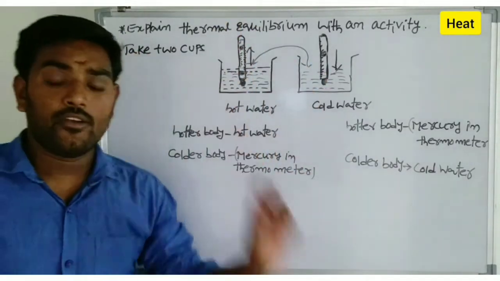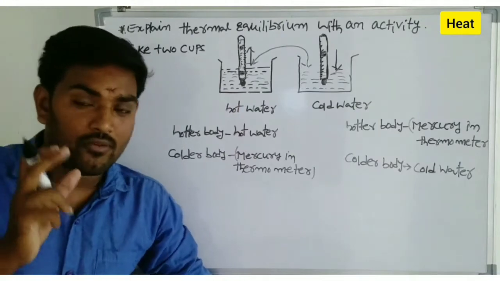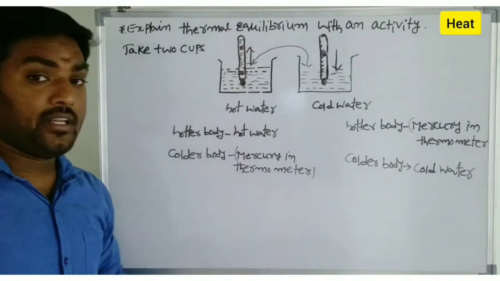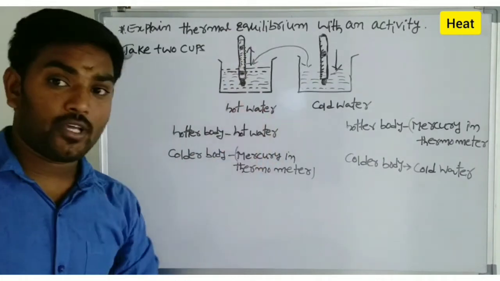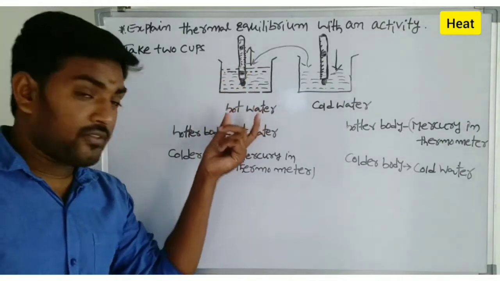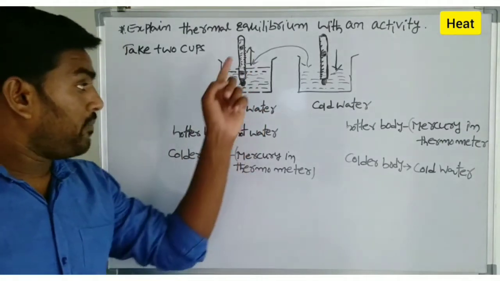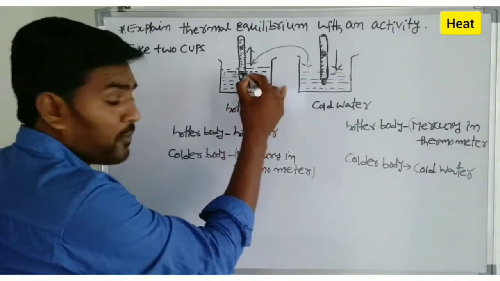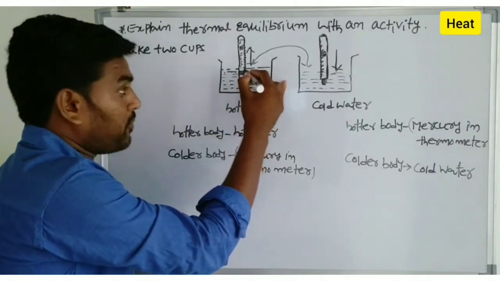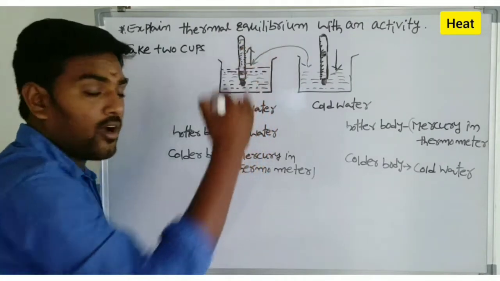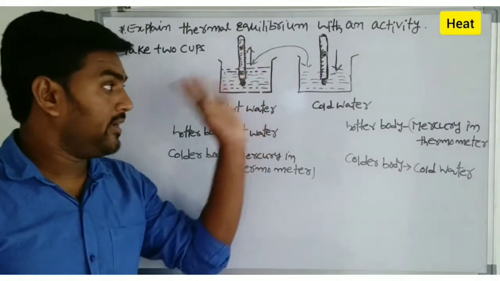So take two cups and fill one of them with hot water and another with cold water. Take a laboratory thermometer and put it in hot water. Observe the mercury level of the thermometer. The mercury level rises from its initial position due to heat transfer from the hotter body to the colder body.